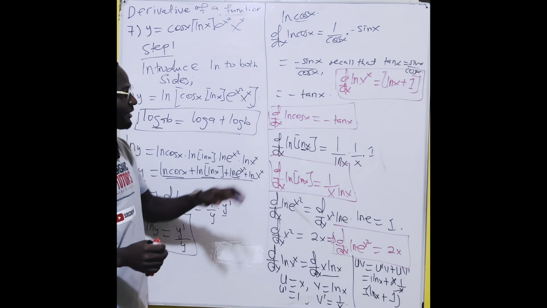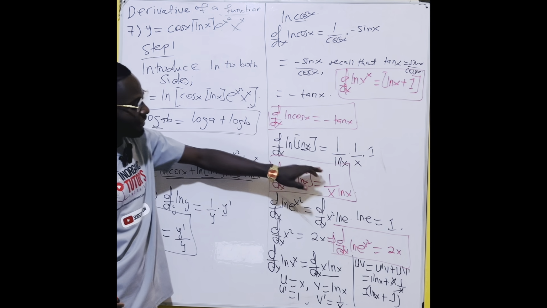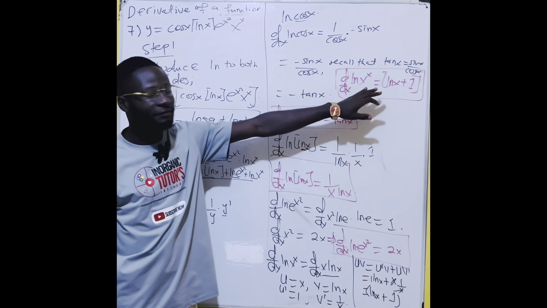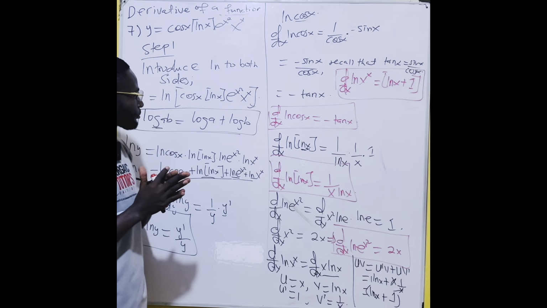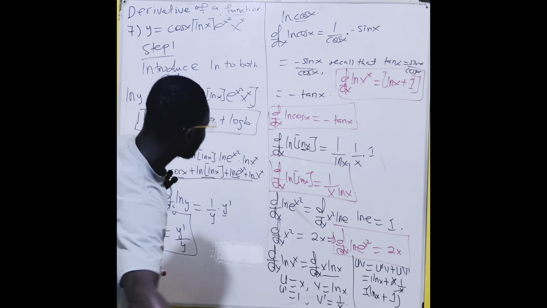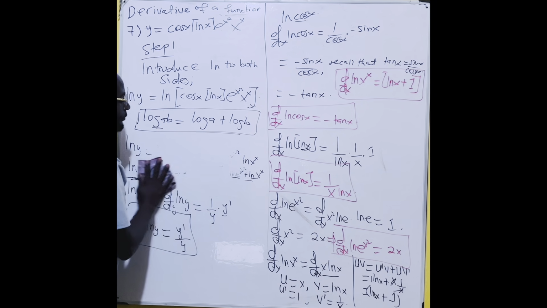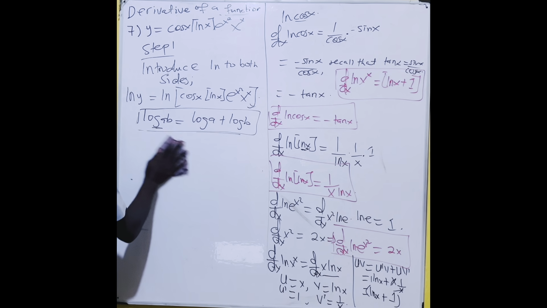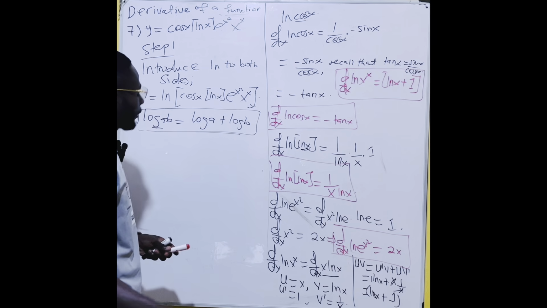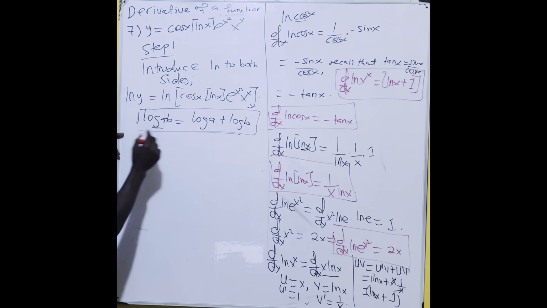So beautiful, right? So we have the first term, second term, third term, and the fourth term differentiated. So we are going to combine all. Okay, so let's come up here. Okay, so let's combine all.